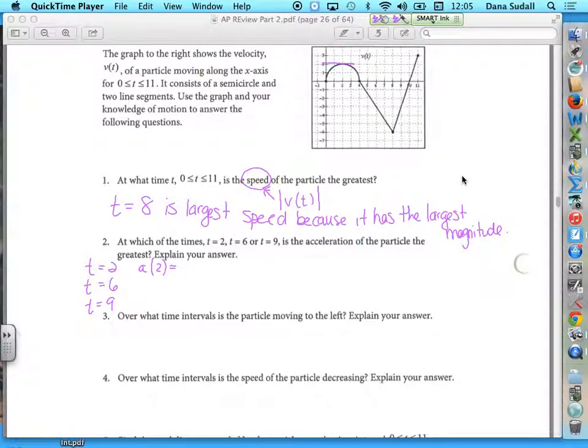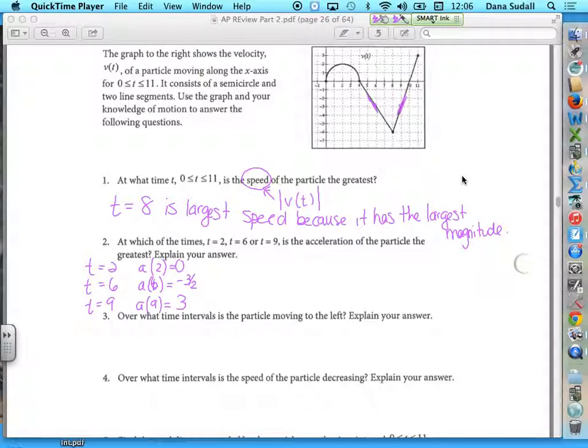So at 2, the slope of that tangent line is 0. At 6, I want the slope for this line. The slope for that line looks like -3/2. And then at 9, the slope looks like +3.